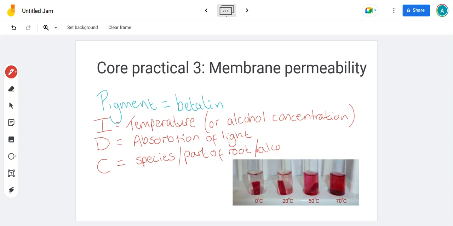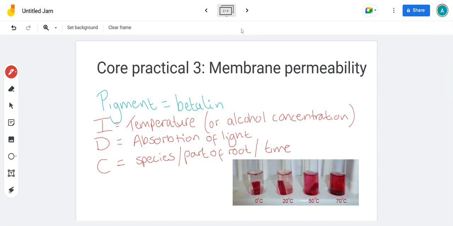If we were changing the alcohol concentration, I'm not going to write that because it's a bit confusing, but you should keep them at the same temperature. The most important one, which is really tricky to keep the same, we'll talk about as we go through, is the amount of time they're left. How much time do you give it for the betulin to leak out of the cells? That's really tricky.